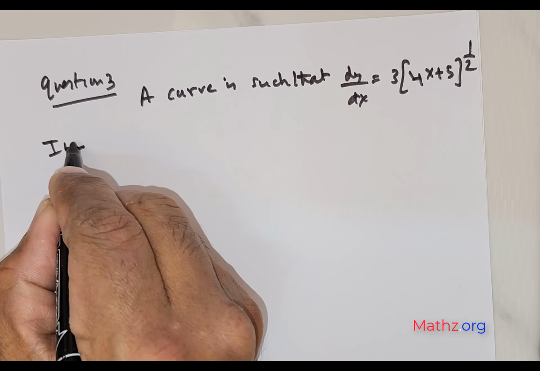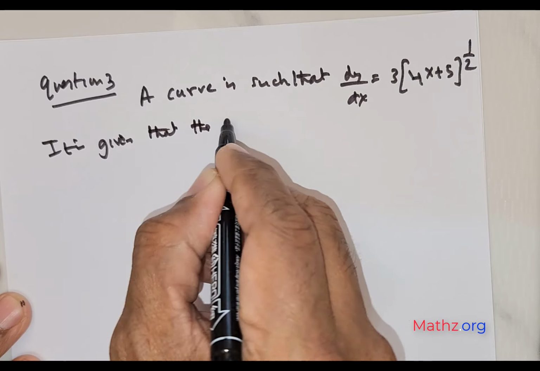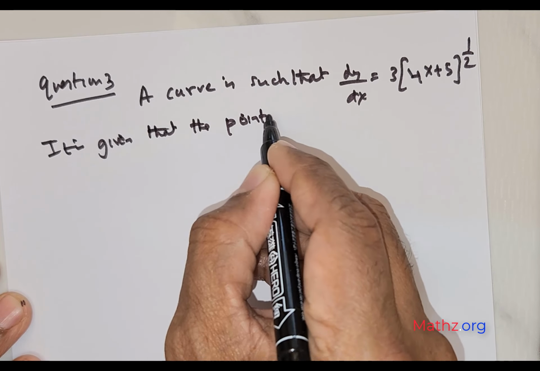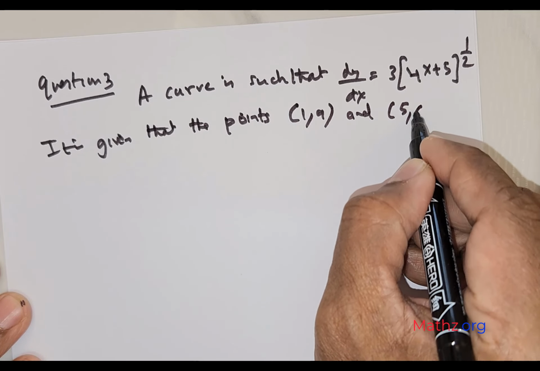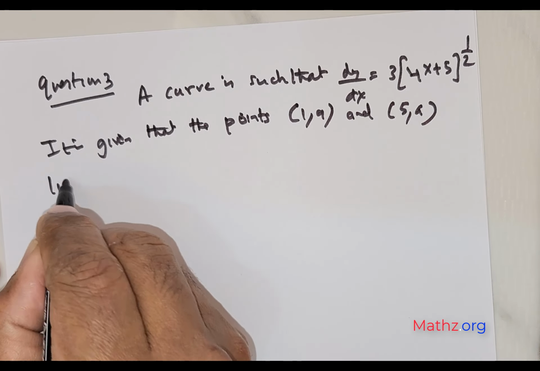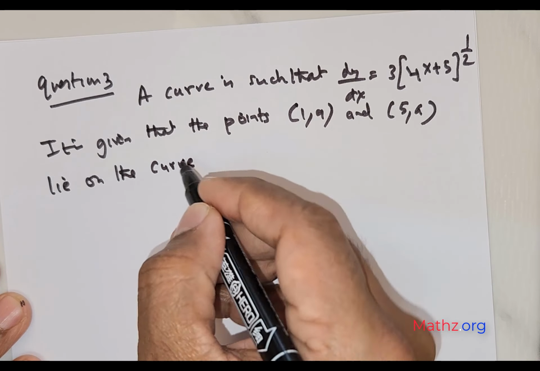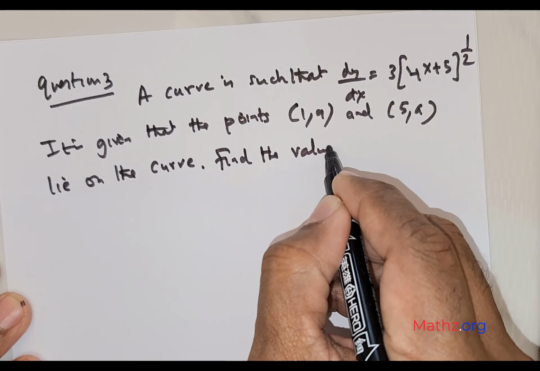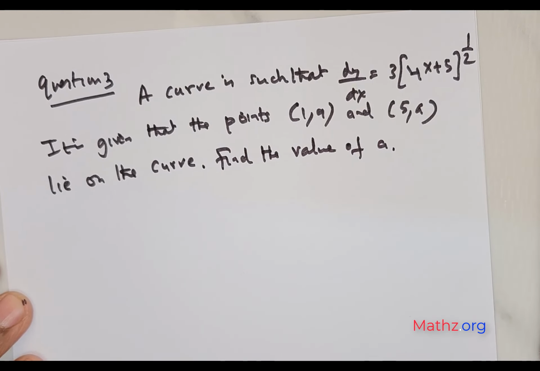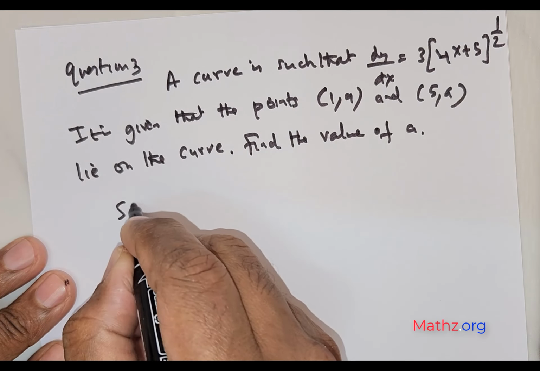It is given that the points (1, 9) and (5, a) lie on the curve. Find the value of a.